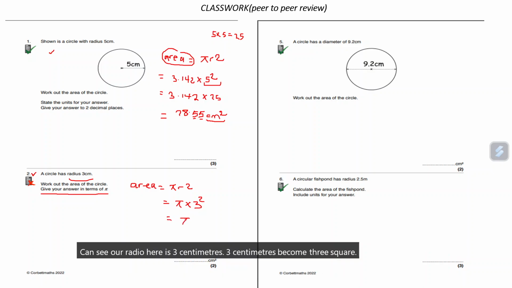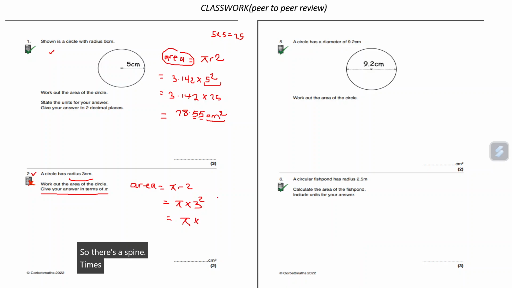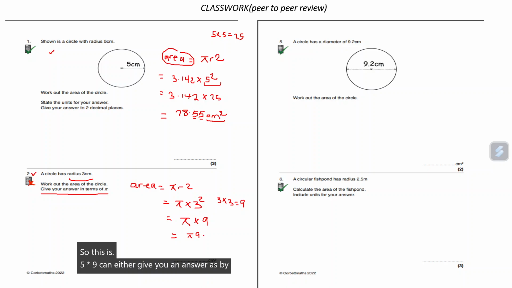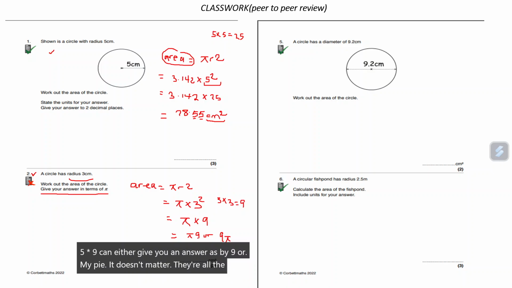So this is pi times 3 squared, which means 3 times 3, equal to 9. So this is pi times 9. You can either give your answer as pi 9 or 9 pi. It doesn't matter. They are all the same. Pi 9 or 9 pi is correct.